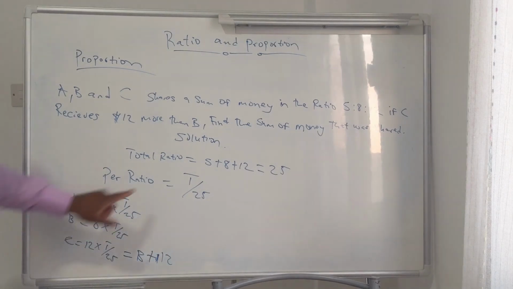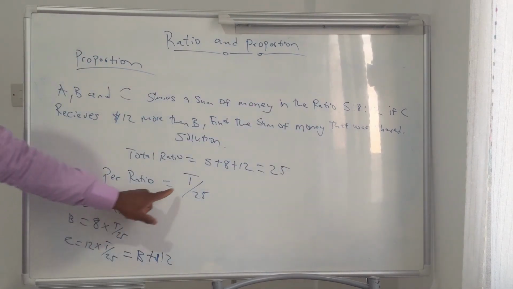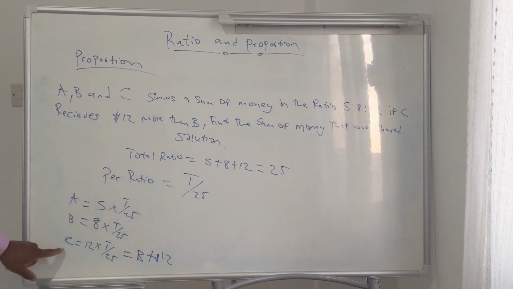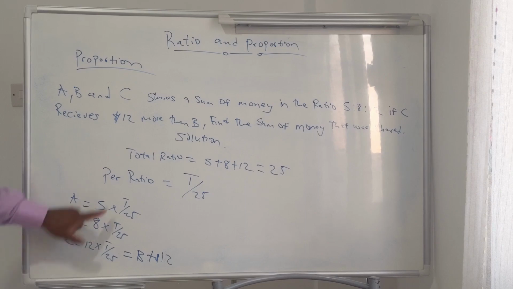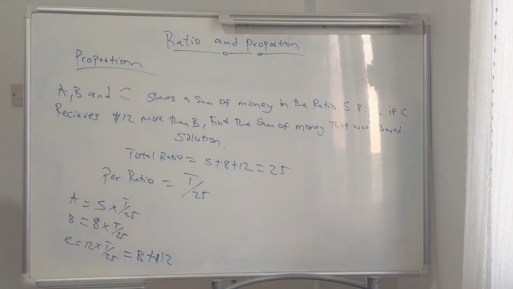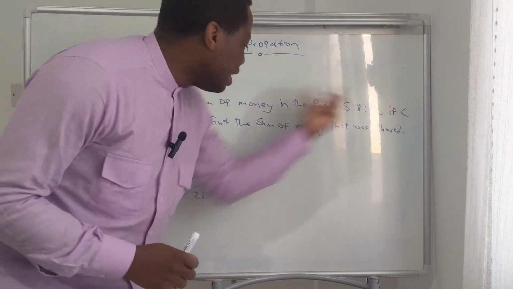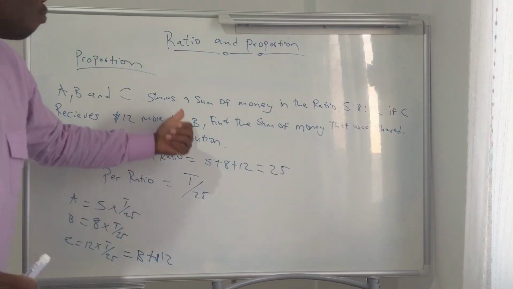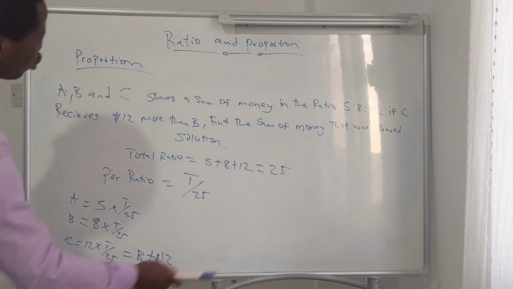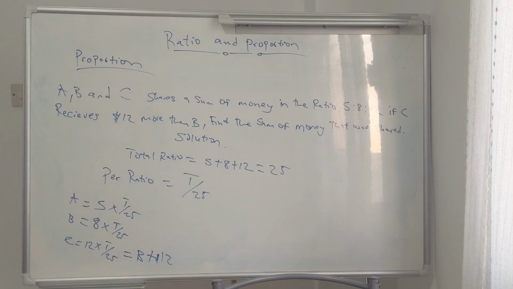The amount that B shares is 8 multiplied by T over 25. Then the amount that C shares is 12 multiplied by this, which according to our question, since C received $12 more than B, is B plus $12. Are we getting it?